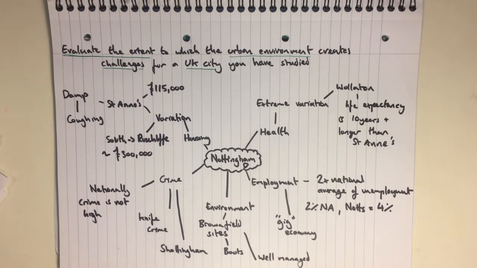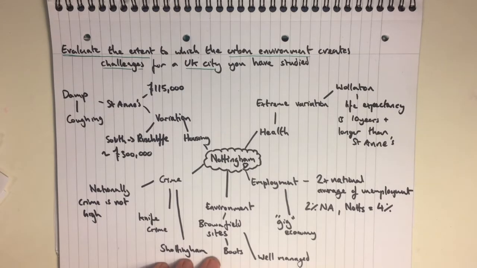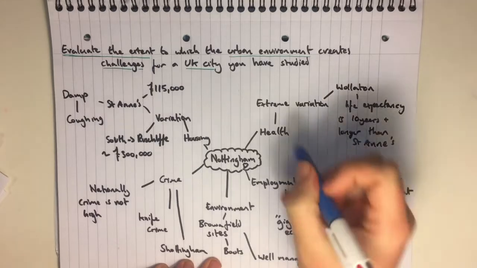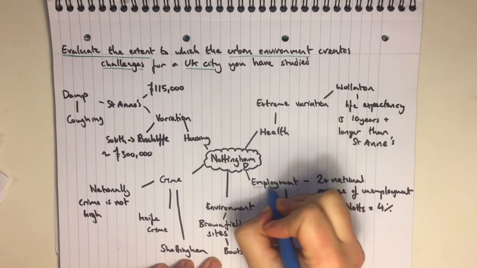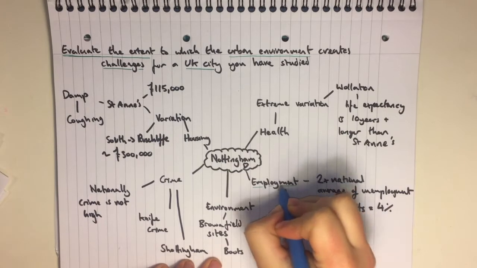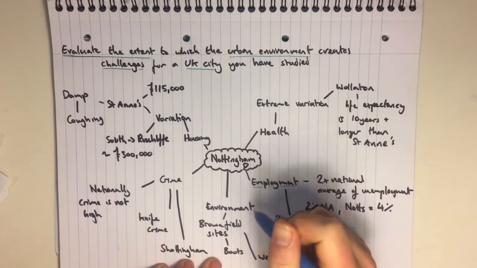Okay, so what would I do from there? This is good for revision, but there's too much there to be able to write a 9 marker in, say, 12 minutes or even less than 12 minutes. I normally say a mark a minute in your exam. So what I would focus on if I was going into this is I'd discuss employment, definitely. I think there's a really interesting challenge in employment.